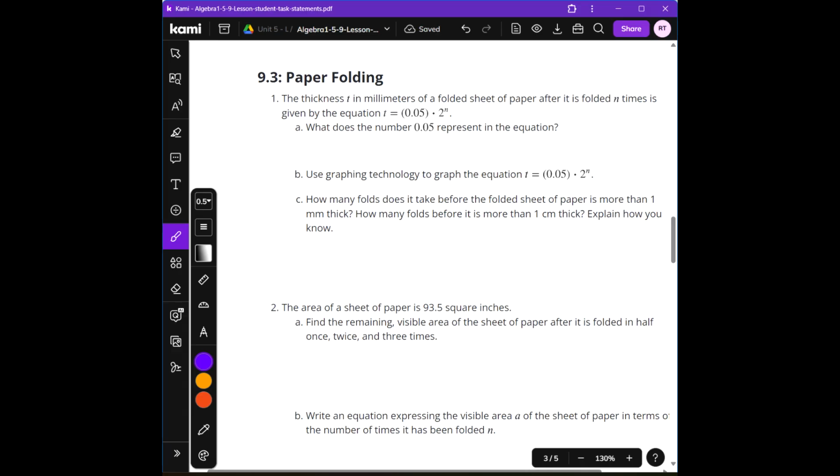Okay, so 0.05 represents that the sheet of paper is 0.05 millimeters thick.